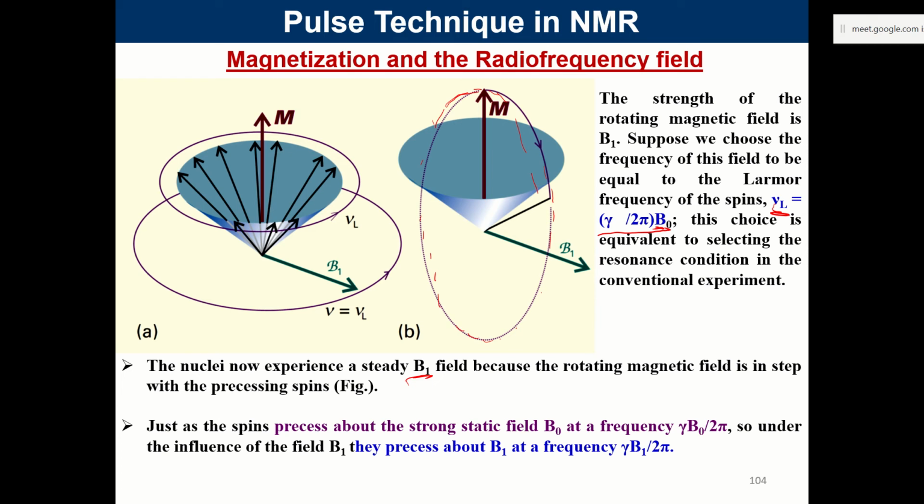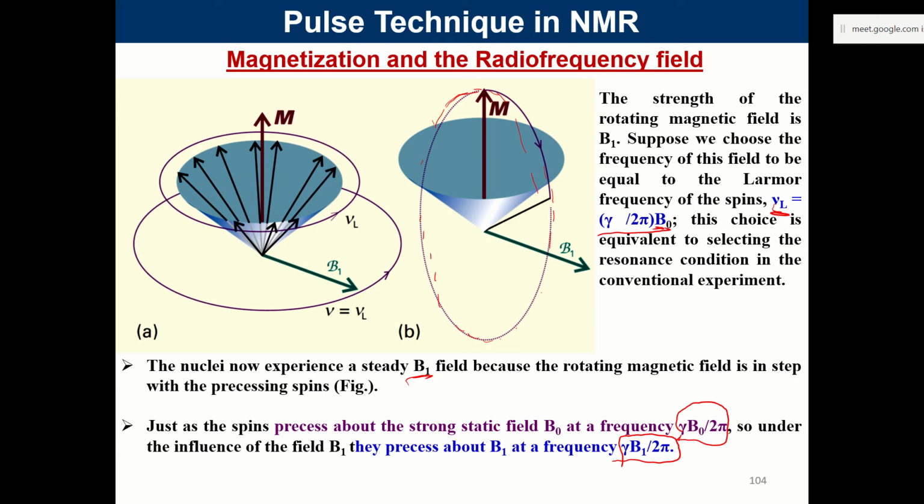So the second precession that we are talking about will be given, in the same manner, by gamma B1 by 2 pi. Initially this was your precessional frequency when it was moving along the applied magnetic field B0.